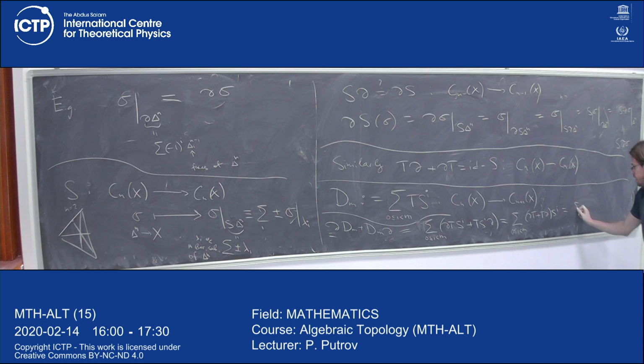And this will be, so now I see if I open the parentheses, almost everything in the two sums cancels out, right? Except the first term and the last term. The first term here in this part, which is the identity, and the last term here, which is S to the power n.